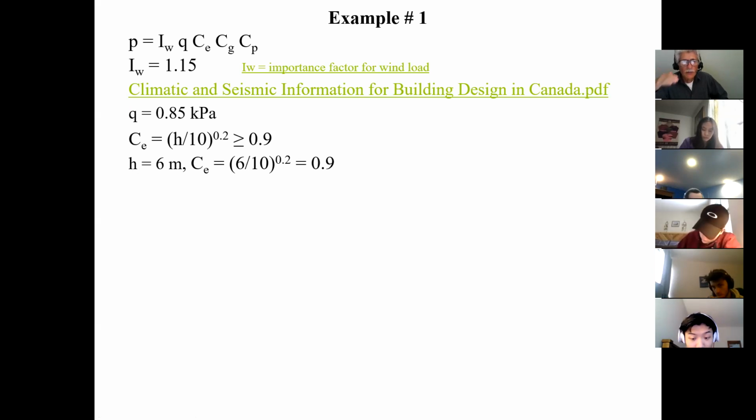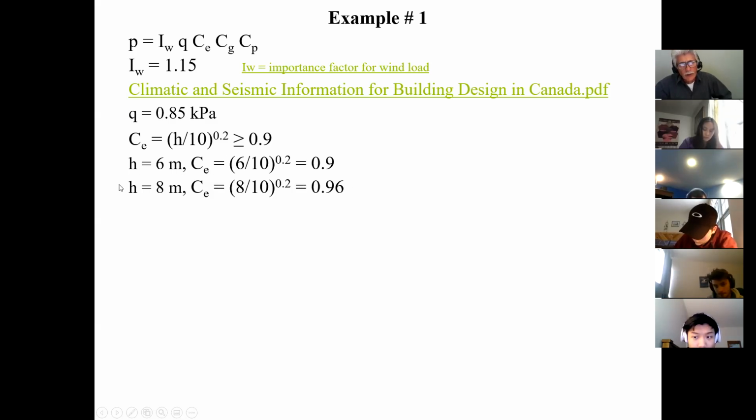One value from 0 to 6 meters, because that's going to be one pressure, and then one value going up to the mid height of the gable. So from 0 to 6 meters I have one CE value, and then after that I'm going to have another one that goes up to 8 meters.